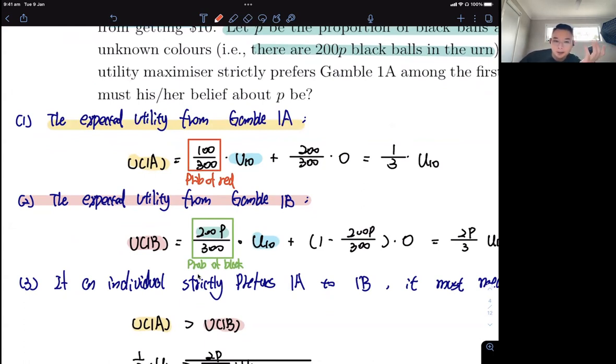How many balls in total? 300. So 100 over 300, which is 1 over 3, times utility of $10, because gamble 1A says if you get a red ball, you get $10, plus the probability of not getting a red ball, 200 over 300, times 0. So your utility from gamble 1A will be 1 over 3 times U10.